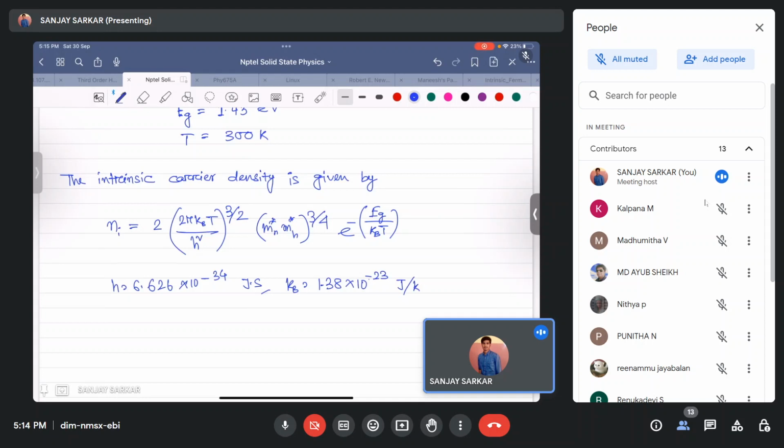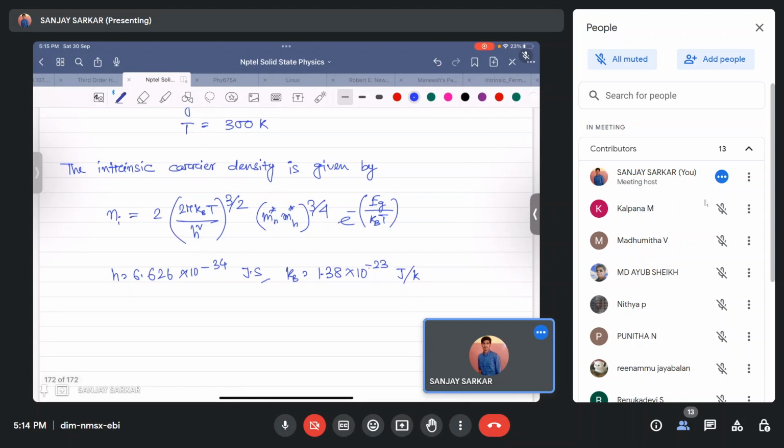So you put all the values in the formula for ni. You might need to memorize this formula. You will find it in any standard book. So put all the values and calculate the answer.